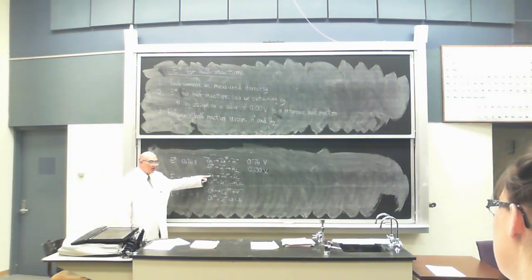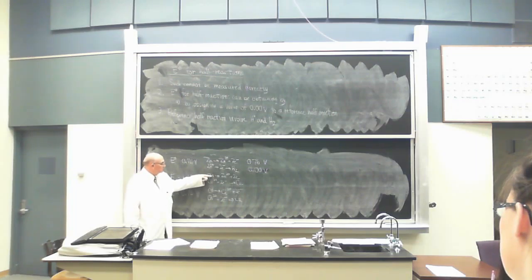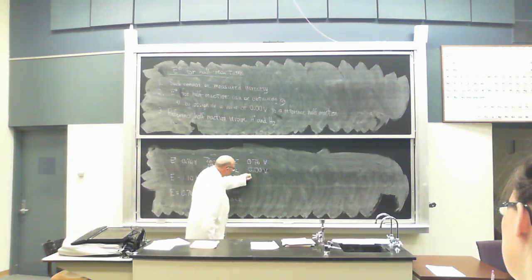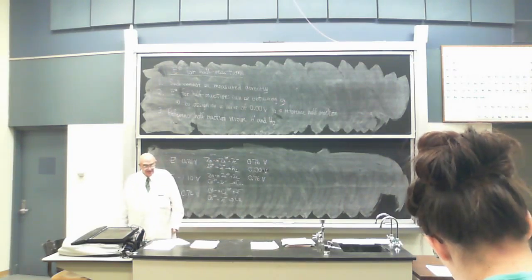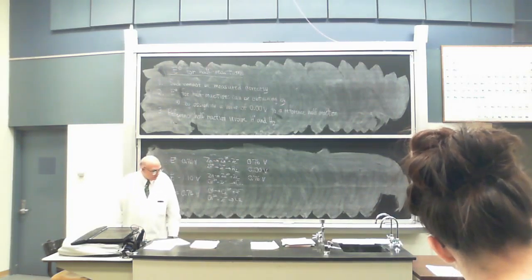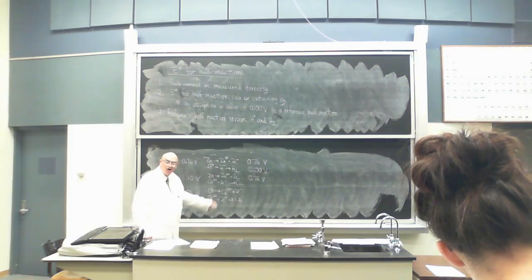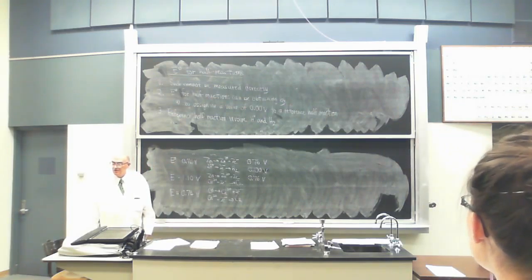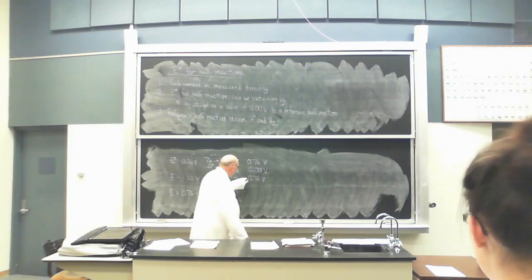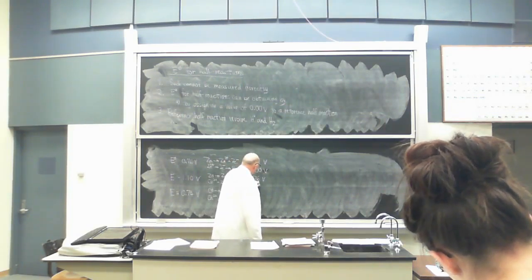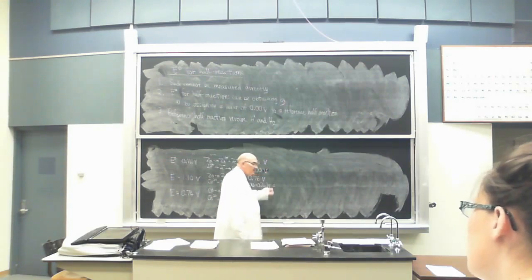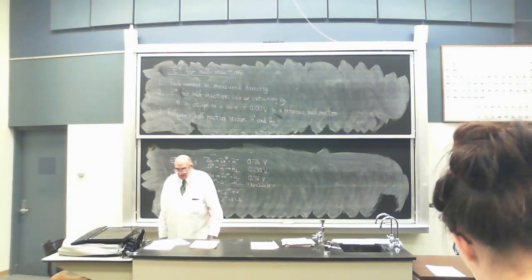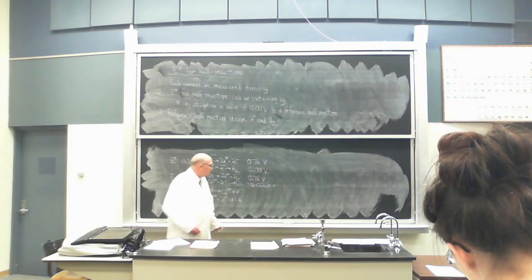Now I got the same reaction here. If this is 0.76, so is this one. Now if that's 0.76, what is copper going to be? Copper is going to be 1.10 minus 0.76, and that will equal 0.34.